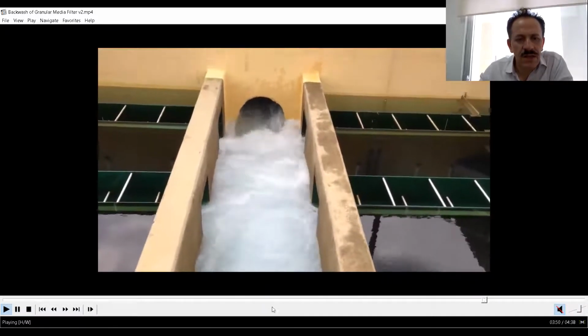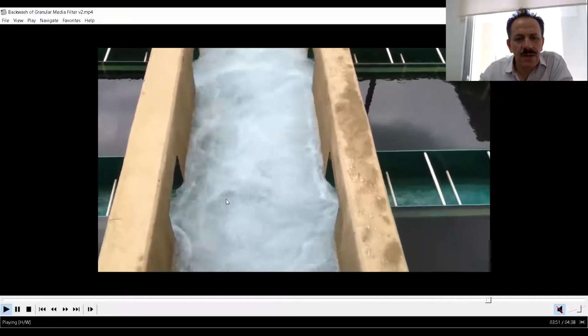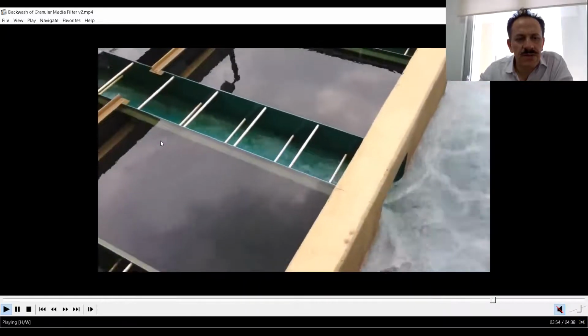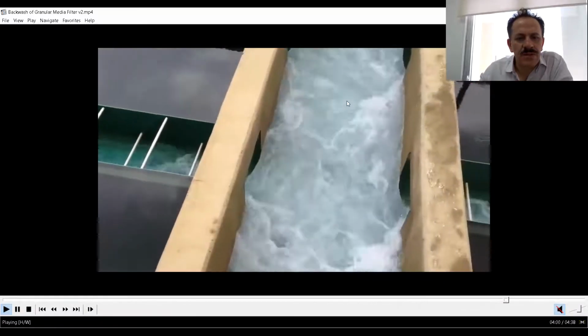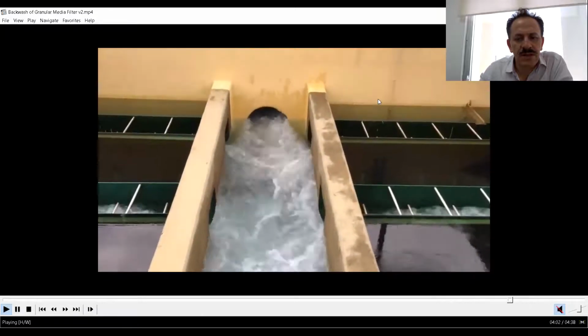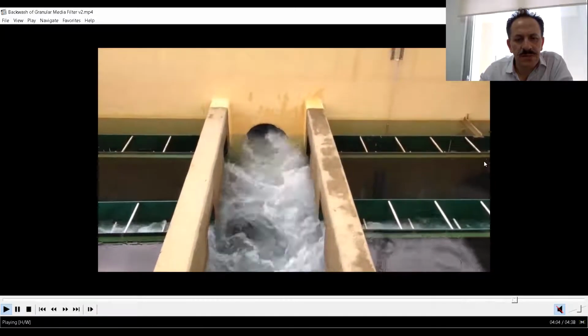This is the inlet, and the water goes through the troughs, then goes out of the trough and comes inside the filter, and the filtration process starts.